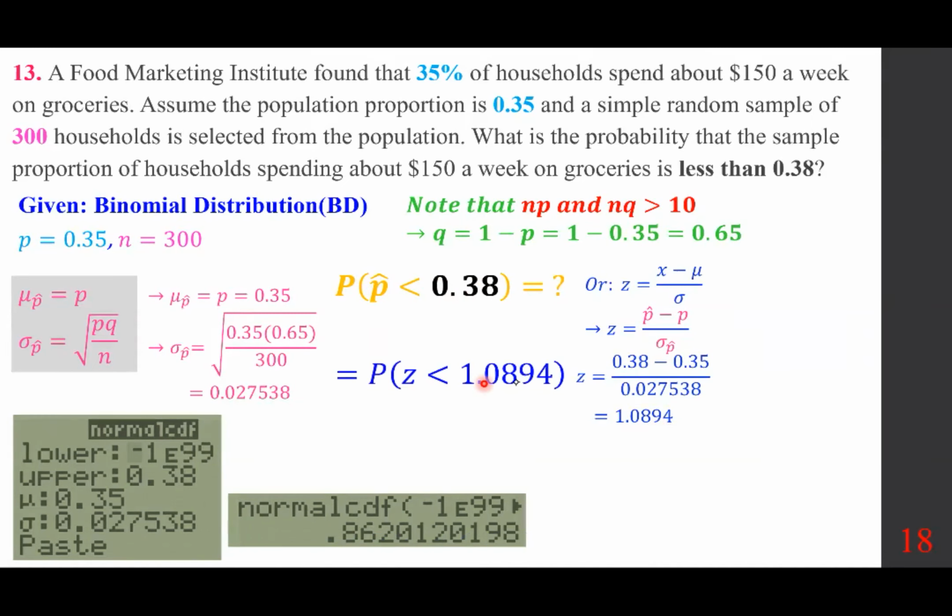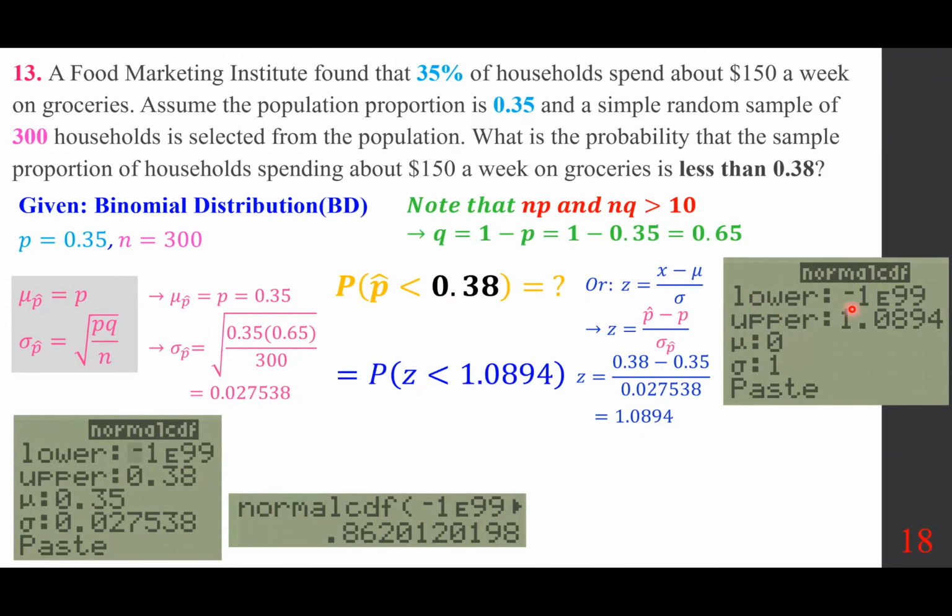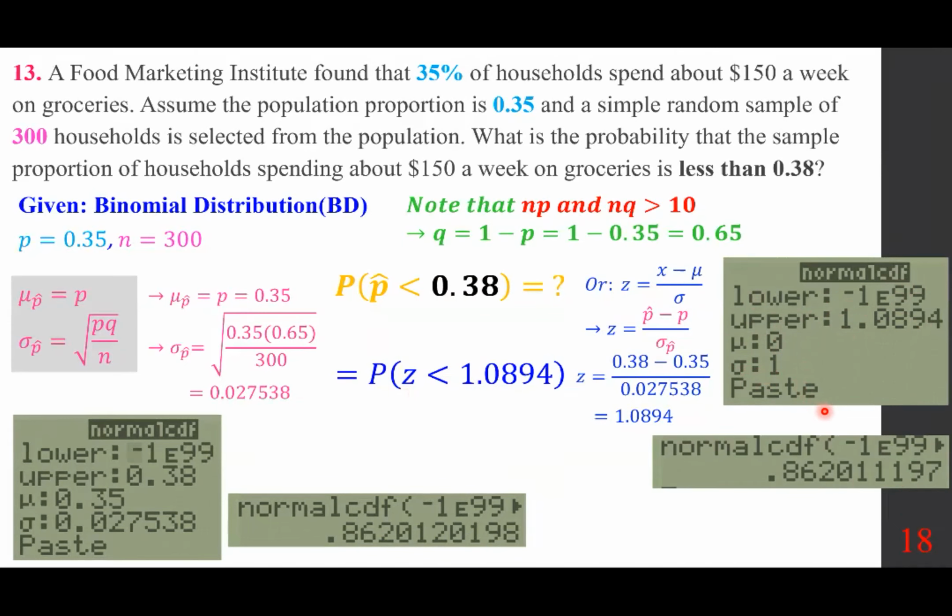And now when you go with the normal CDF, the lower again some small number, the upper is 1.0894, but mu is 0, sigma is 1, because you're using Z and SND, standard normal distribution. And as you can see, the numbers, with, let's say, 4 decimals, they are the same. It doesn't matter which route you take. You can go this route, or you can go with the Z score here. Either way is fine.